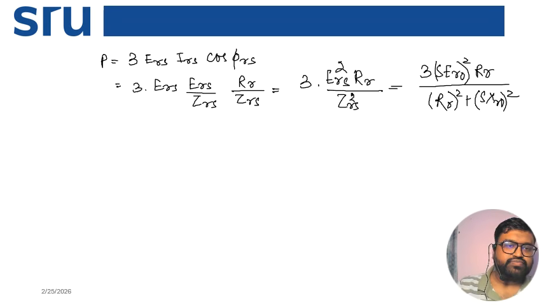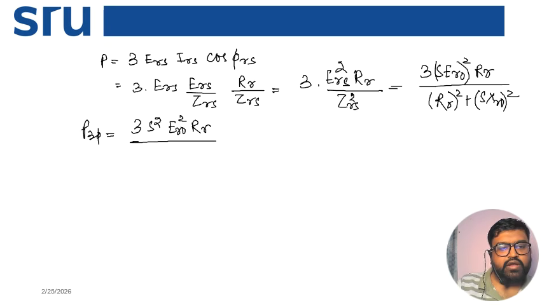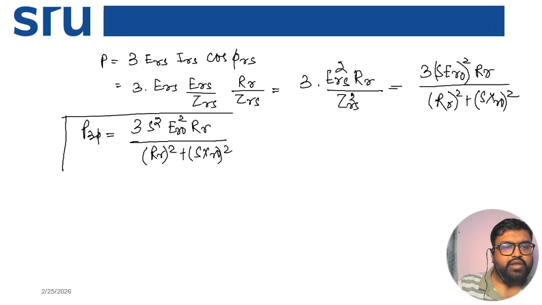Okay. Now if we simplify this equation, we get 3 into S square ER0 square into RR divided by RR square plus S into XR0 whole square. This is the formula we derived, right?